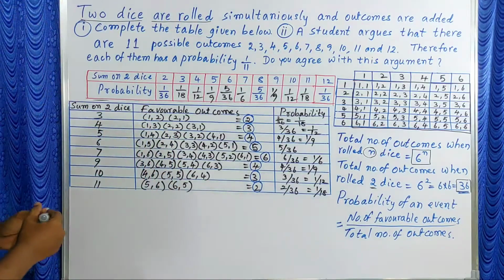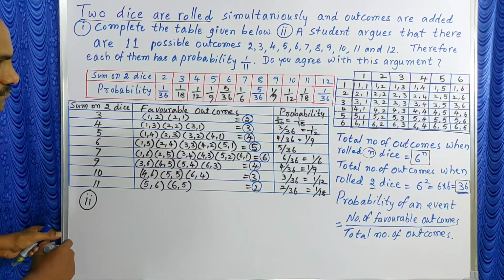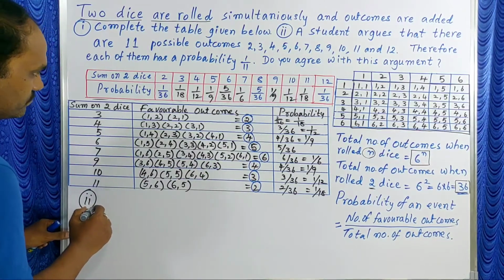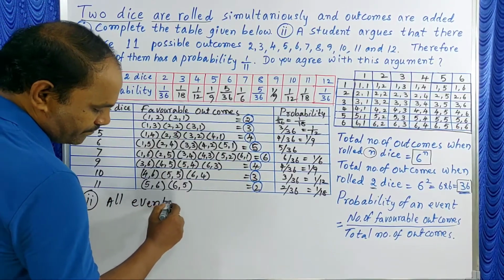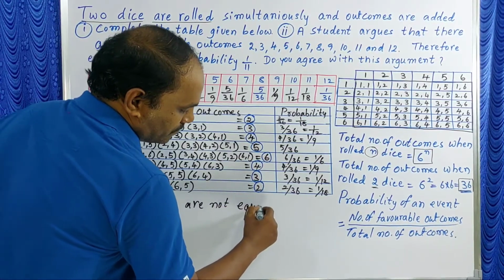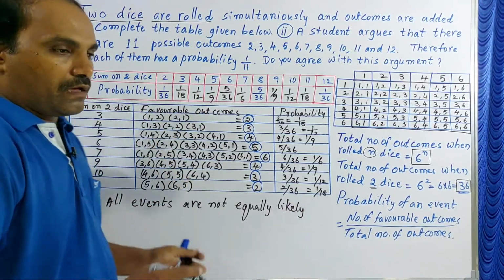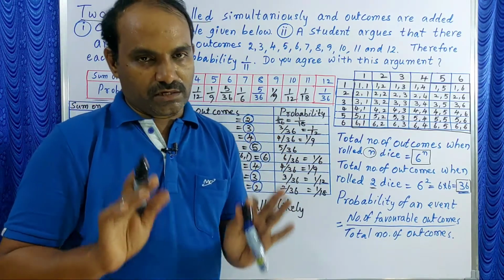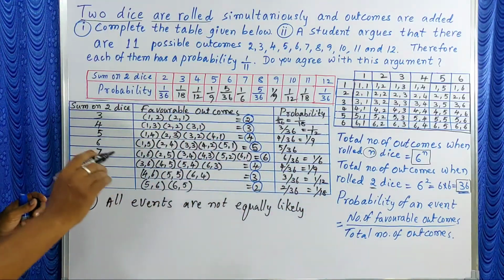So the second question's answer: all events are not equally likely. When all events are equally likely, then only all probabilities of elementary events are equal.